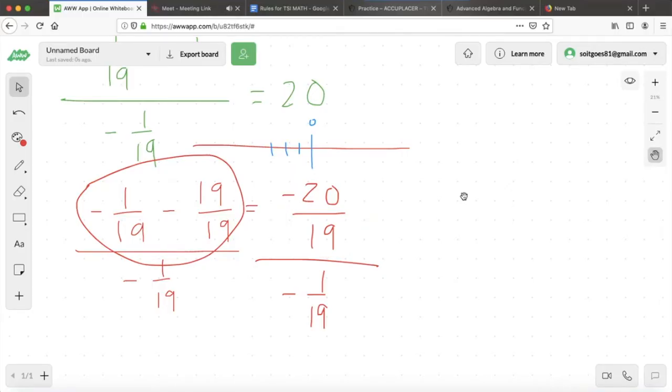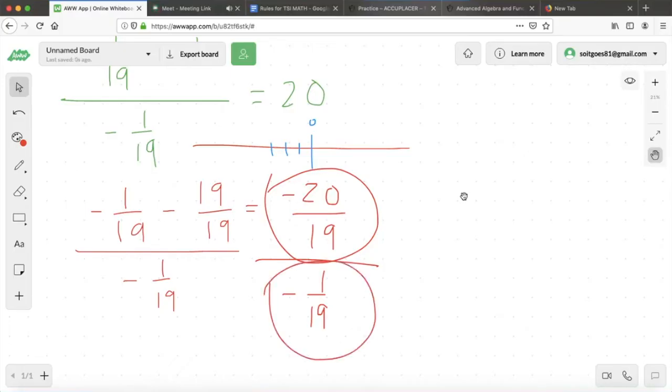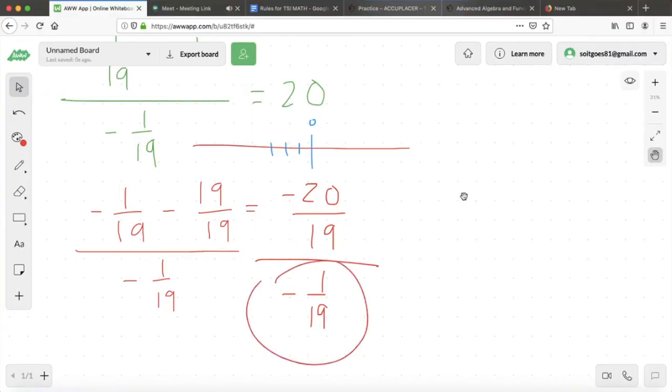Now I've got a fraction in the numerator being divided by another fraction in the denominator. Do you know how to divide by fractions? Here's what you do: you multiply by the reciprocal. We're dividing by negative 1 over 19, so we multiply by its reciprocal.